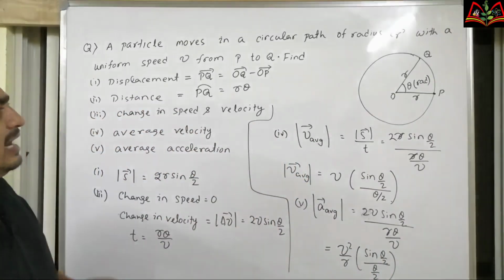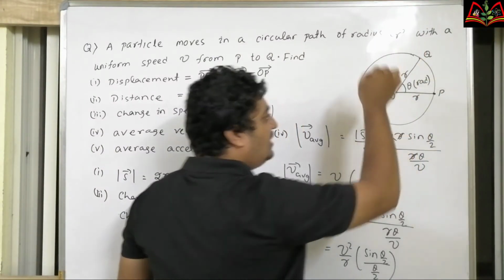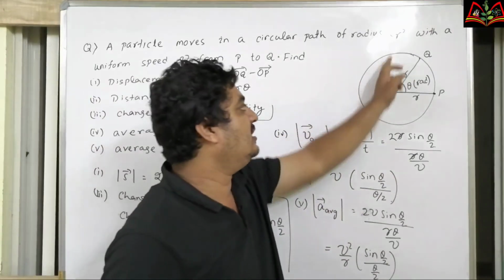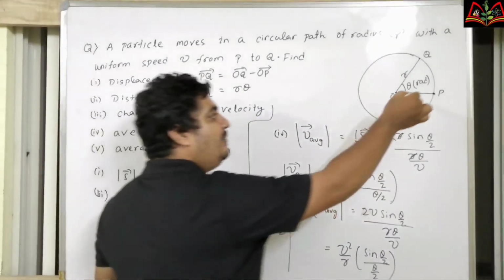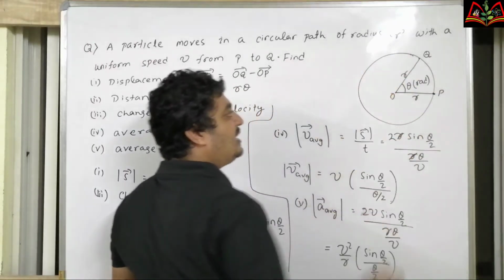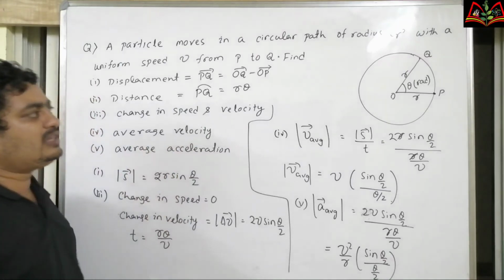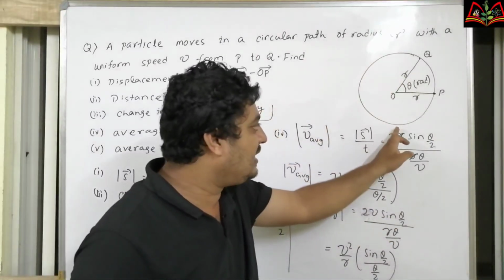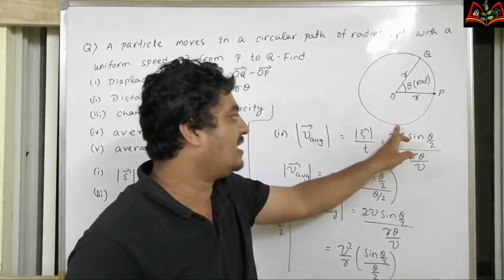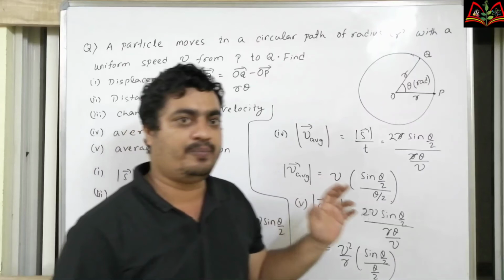So now if the question asks if the particle covers a quarter of a circle, just put theta equal to pi by 2. If the question asks the particle covers a semicircle, then you can put theta equal to pi. If the particle covers 3/4 of the circle, then theta equal to 3 pi by 2.